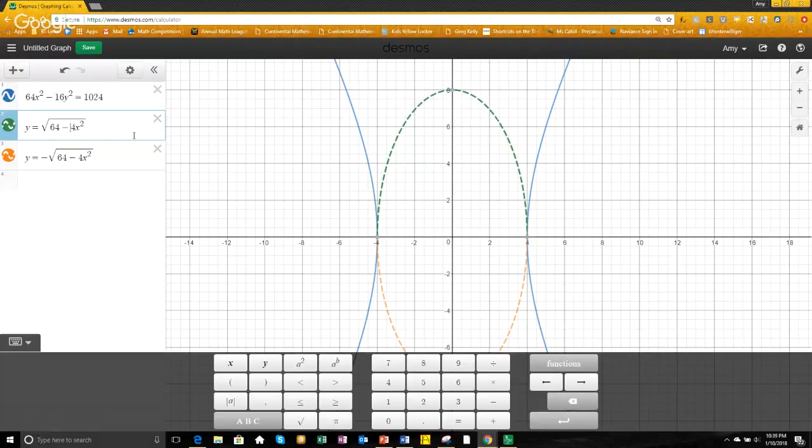I'm going to go 4x squared minus 64. And do you see how that's the top half of the hyperbola? And I'm going to copy this. And that's the bottom half of the hyperbola.